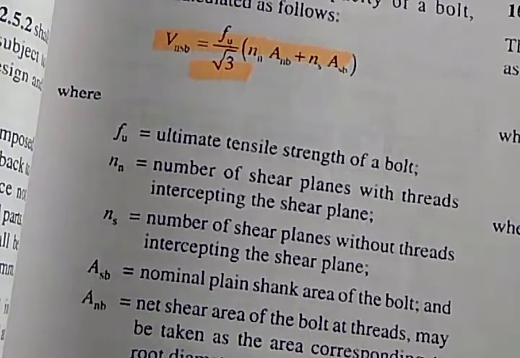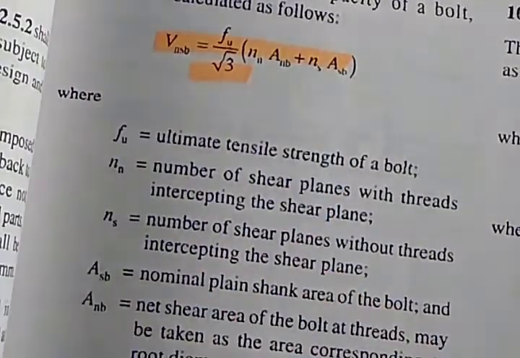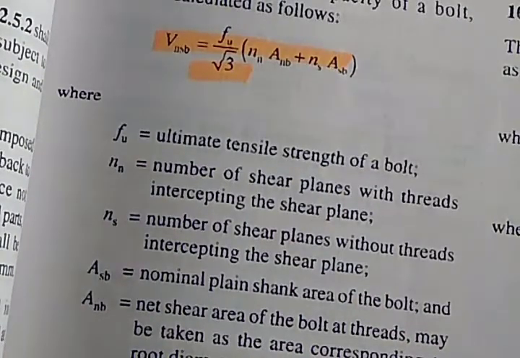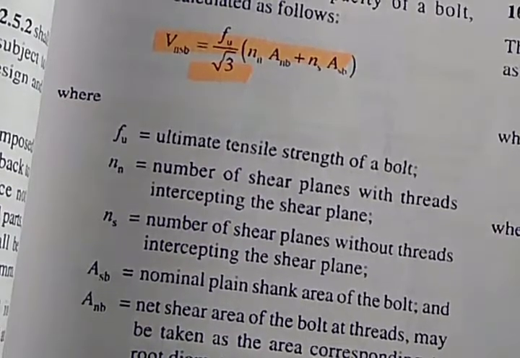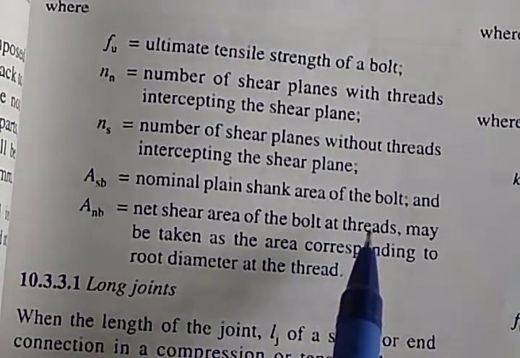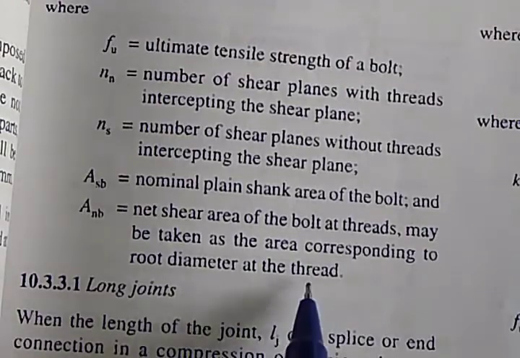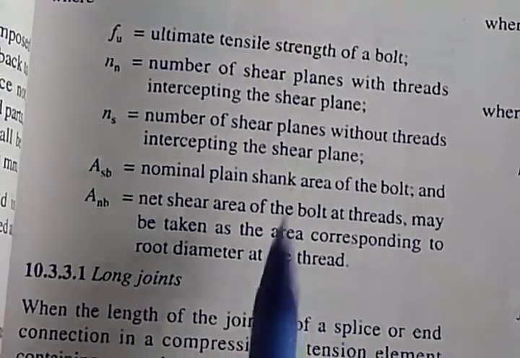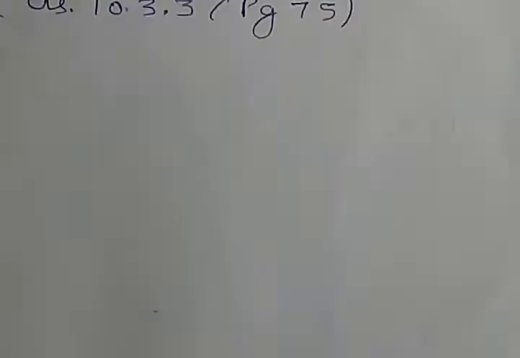In our case Ns is equal to 0, and that whole term will be equal to 0. Similarly, ANB is the net shear area of the bolt at the thread, which may be taken as the area corresponding to the root diameter at the thread. So all the parameters are explained as per IS 800:2007.